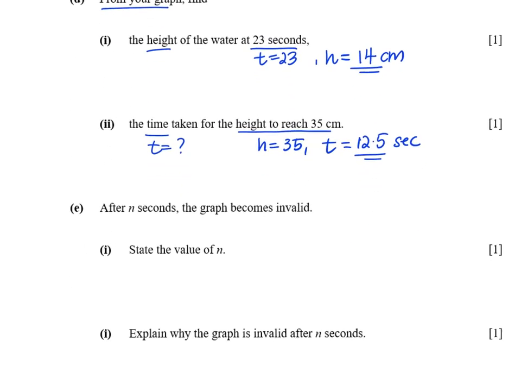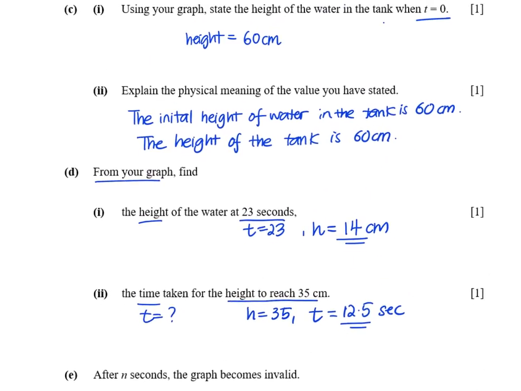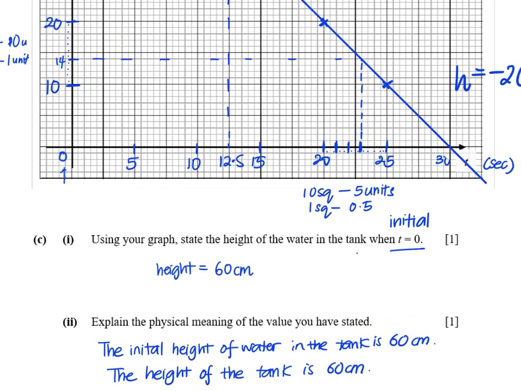Okay, next one, after n seconds, the graph becomes invalid. What do you mean by after n seconds? When will it become invalid? That means probably when the water is totally drained off, right? How long did it take to drain off until everything is gone? Okay, what do you notice?